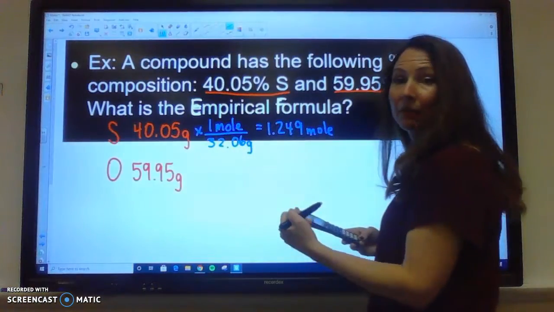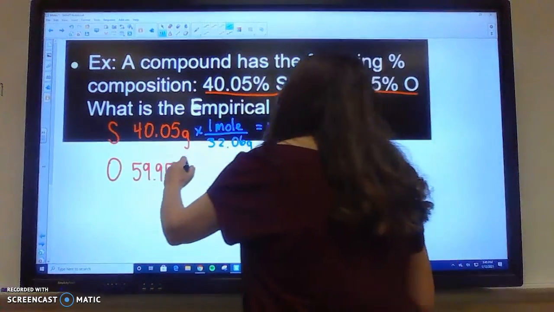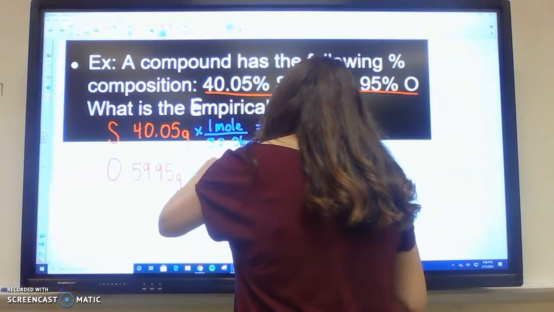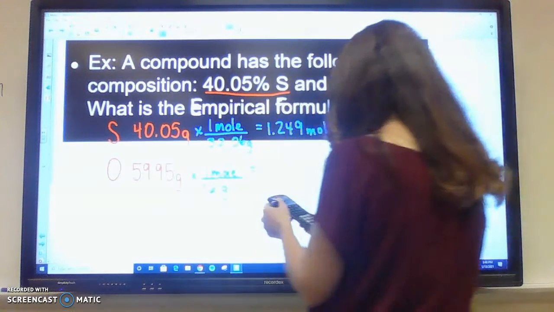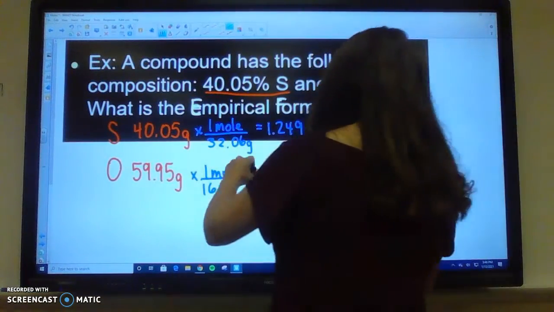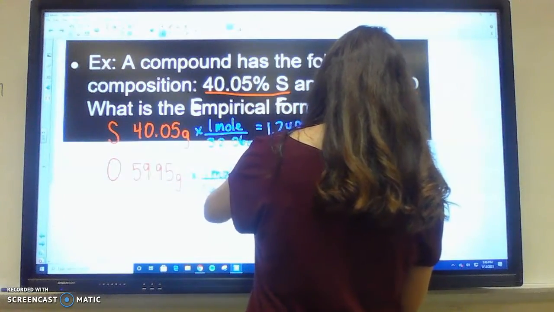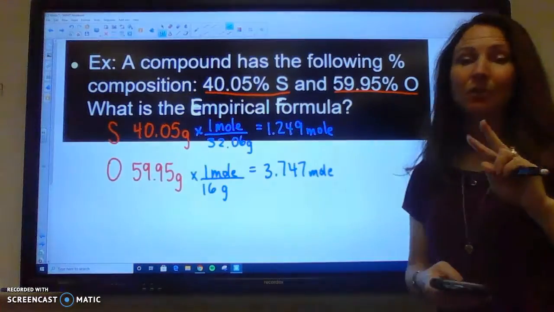And then we do the same thing for oxygen, but this time we divide by oxygen's molar mass. So we set up our conversion, moles on top, the molar mass on the bottom, and this gives us 3.747 moles. Okay, and that's step 2.